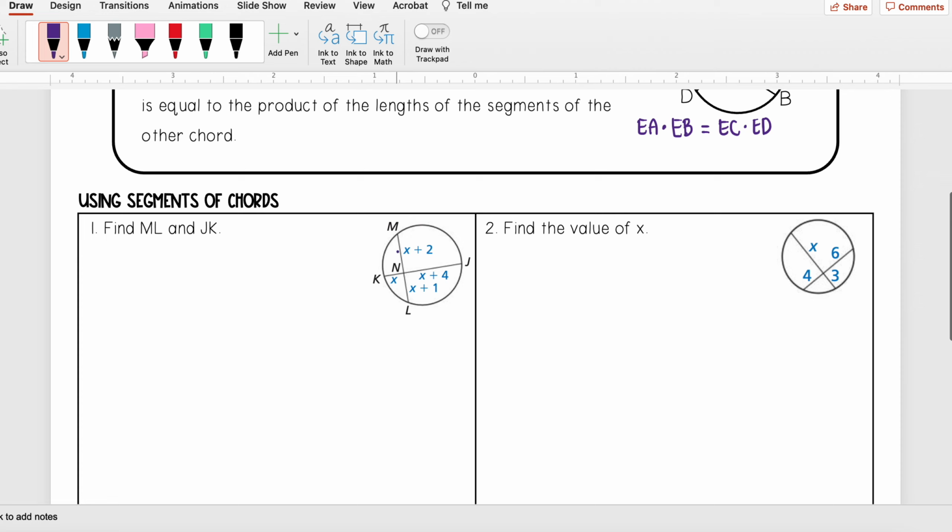So here I see I have chords ML and KJ, and they intersect at N. And so my theorem tells me that for my first chord, ML, I'm going to have NM times NL, and that's going to equal the segments of my second chord, KJ. So NK times NJ.